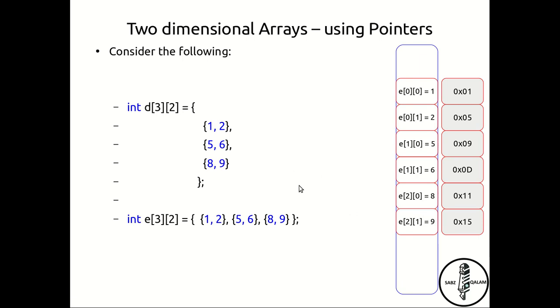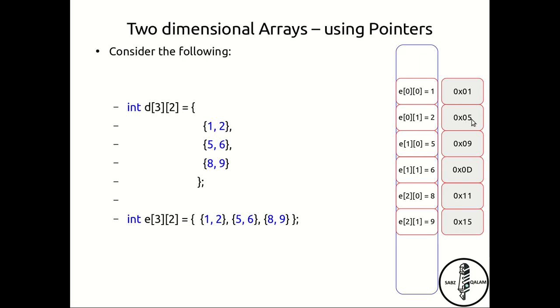They don't really appear like an array, like what we're used to seeing, but something like this. So here we see 0,0, 0,1, 1,0, 1,1, 2,0, and 2,1. And it really is placed in exactly the same order as we see here. If you look closely at the addresses, if this is 0x01, the next element is located at 0x05.